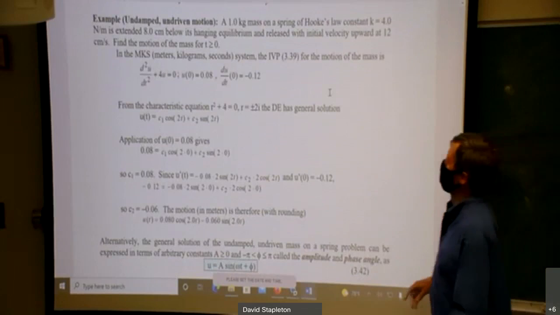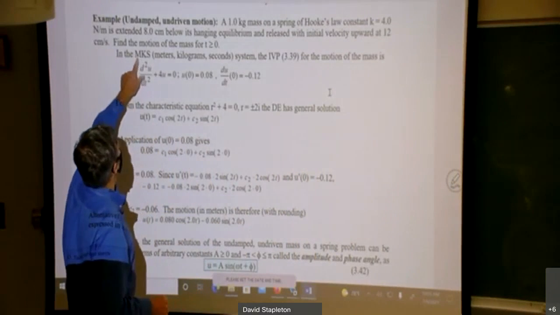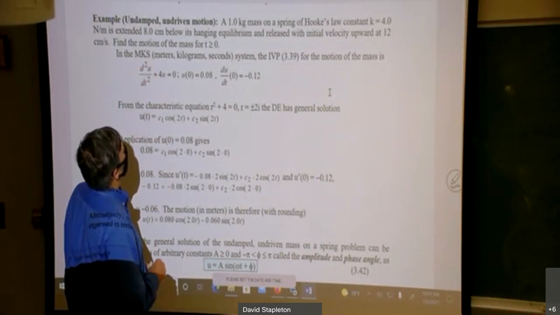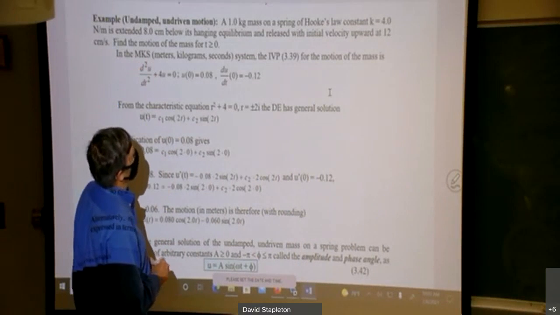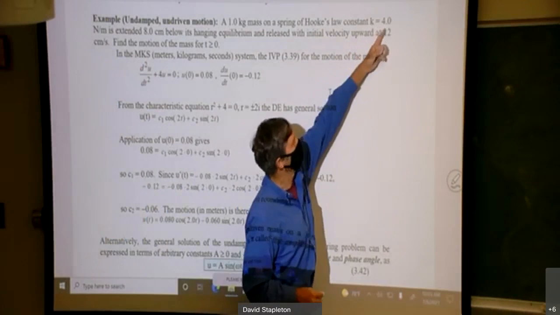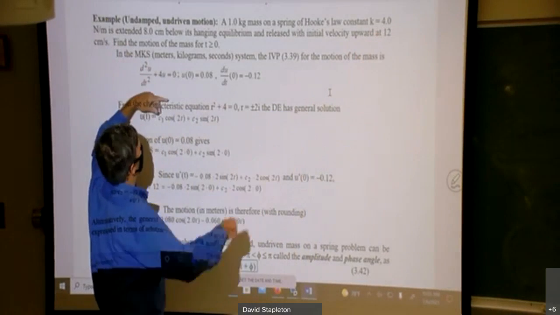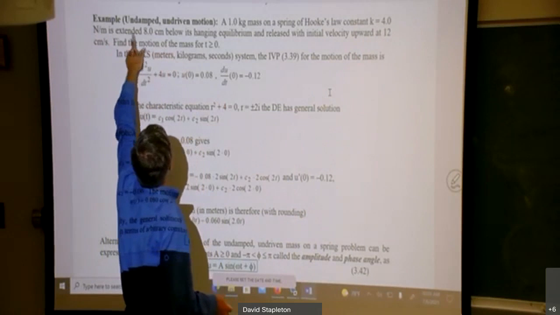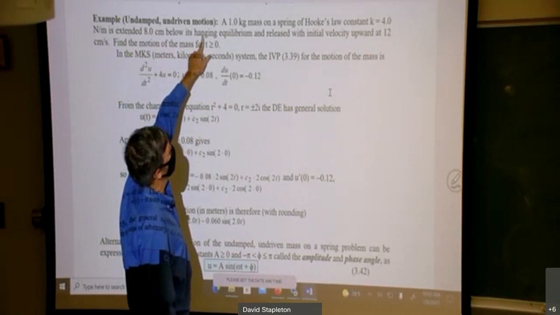Here's my first example. Suppose in the meters-kilogram-second system, the MKS system, we take a 1 kilogram mass with a Hooke's law constant of k equals 4, which is newtons per meter if you figure it out from the equations. It can be written in other ways too. And you pull it 8 centimeters below its hanging equilibrium.